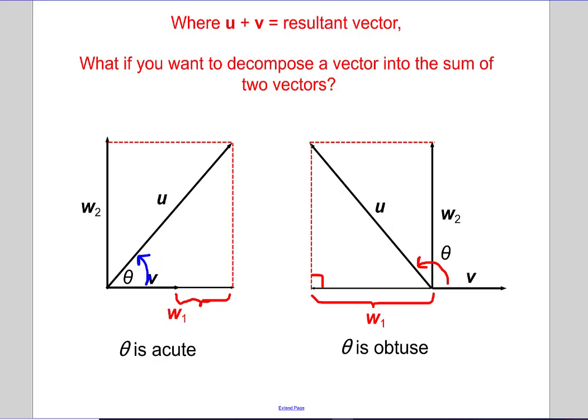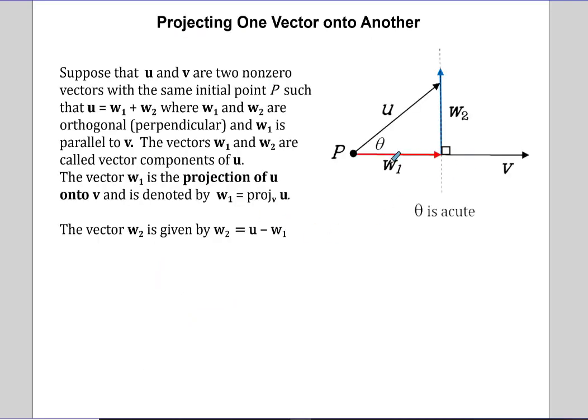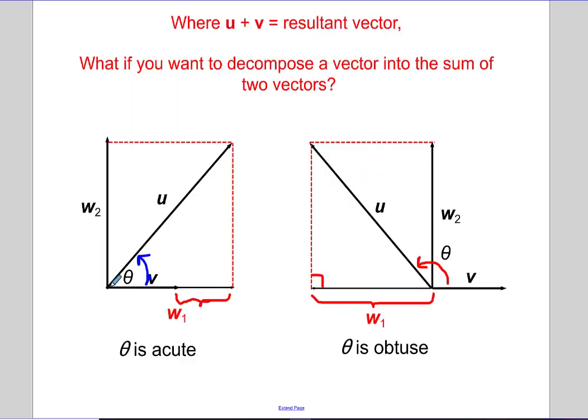And you notice between the previous slide how this vector v was longer than vector u, but we had an acute angle. And in this case, our vector v is much shorter than vector u with an acute angle.